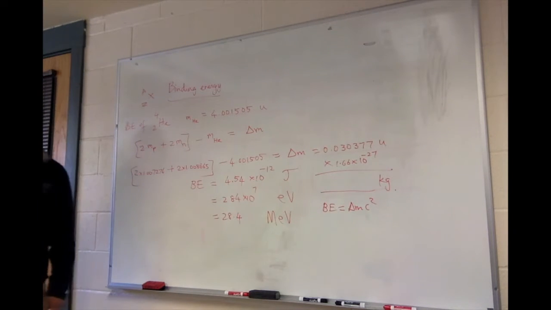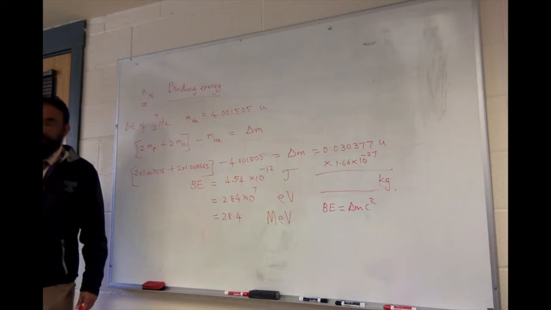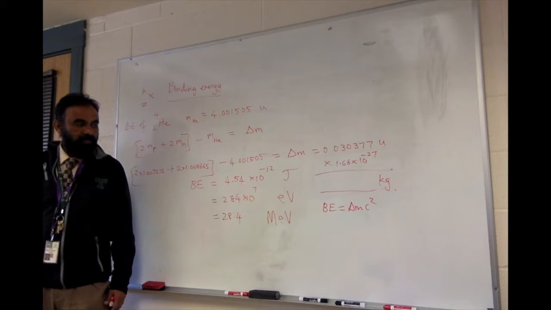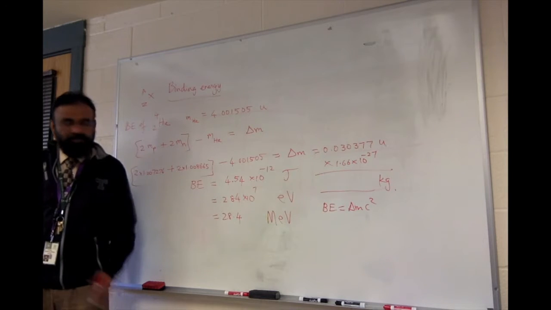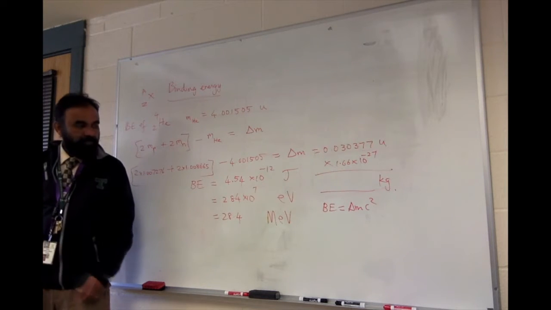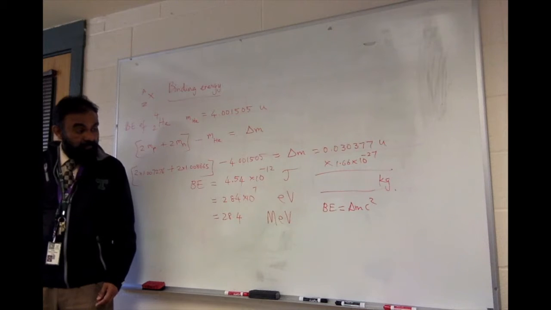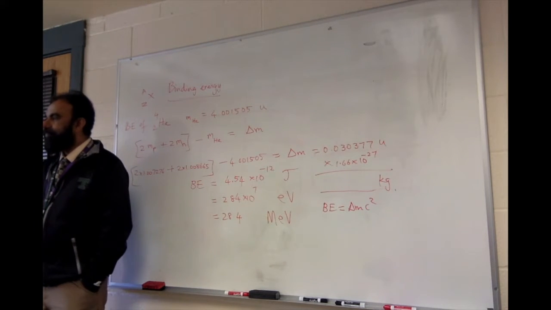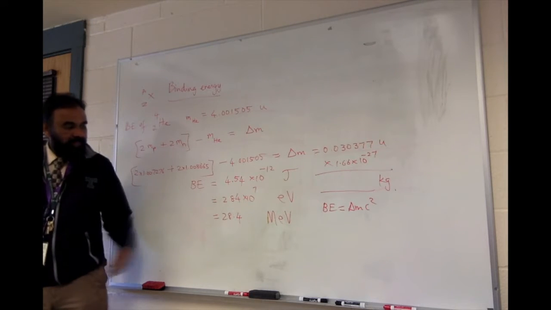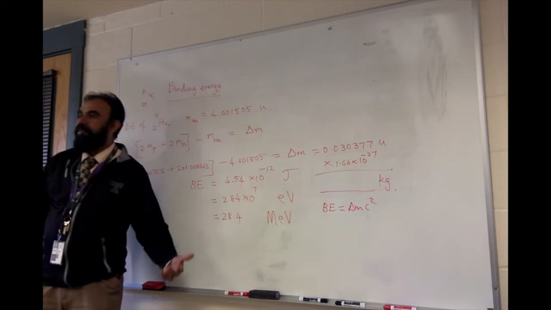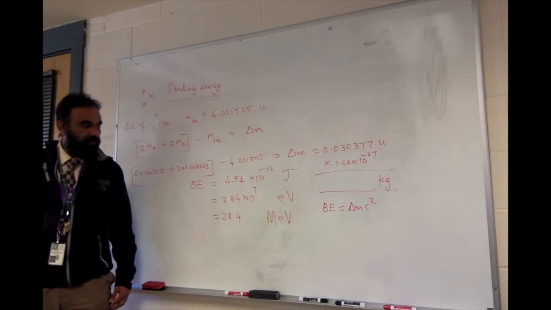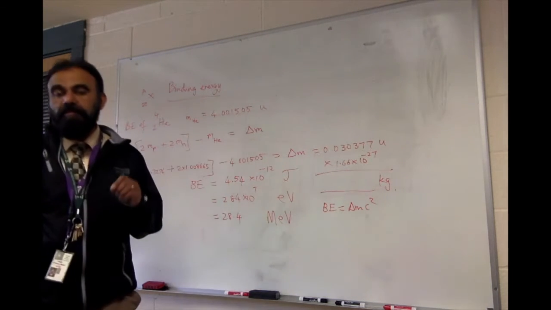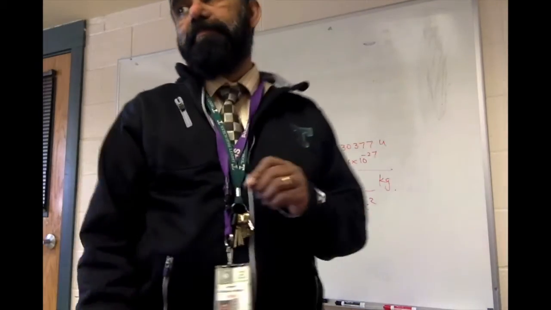Okay, so you got 1 MeV. One MeV is like 1.6 times 10 to the minus 13 joules. That's the relationship. So we get 28.4 MeV, which is the binding energy of the nucleus of helium.